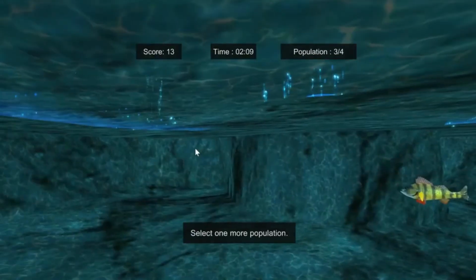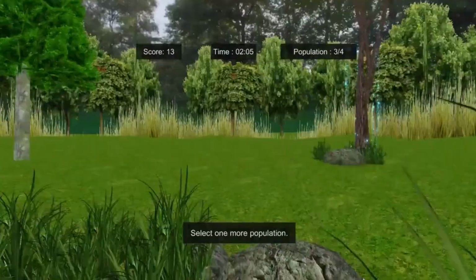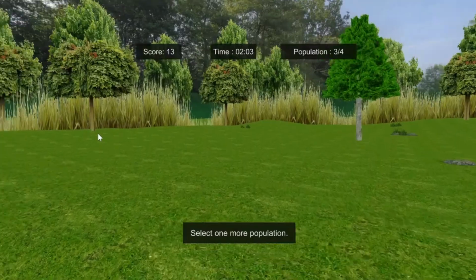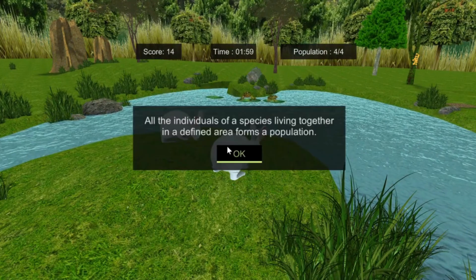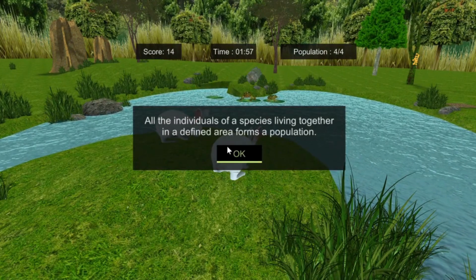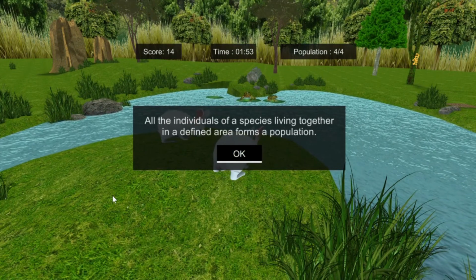Correct, select 1 more population. Right. All the individuals of a species living together in a defined area forms a population.